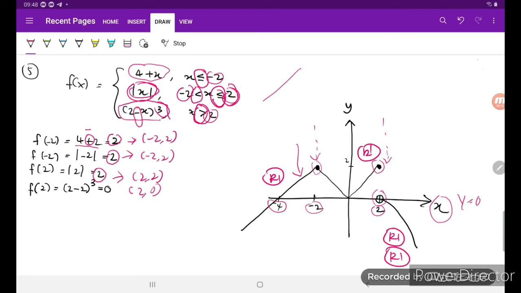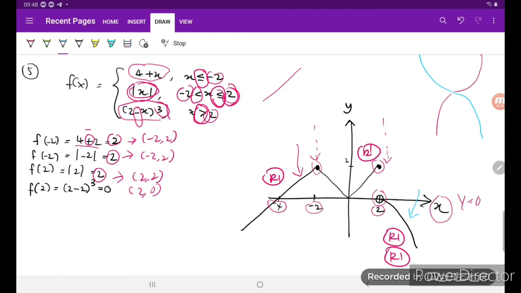So if positive quadratic function is like this, negative quadratic function is the other way around. So this is the quadratic function. So you get your answer.